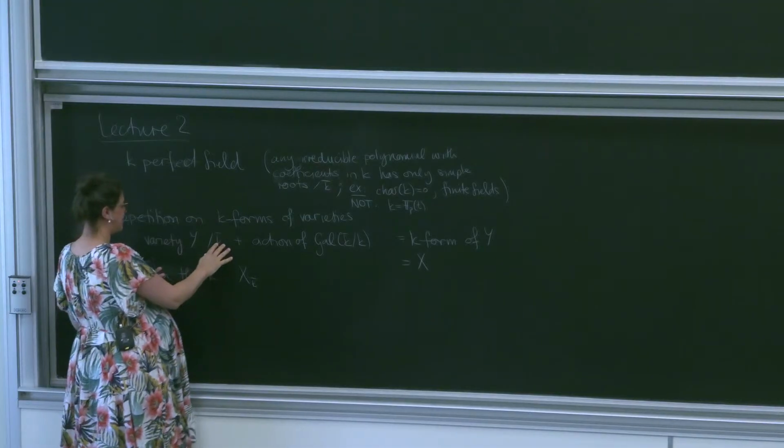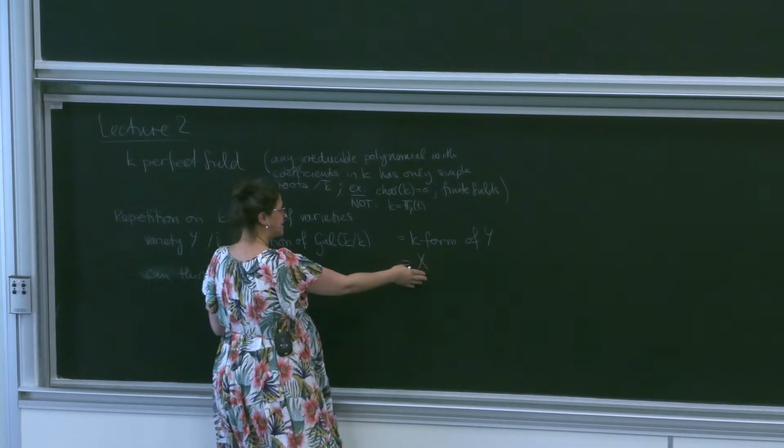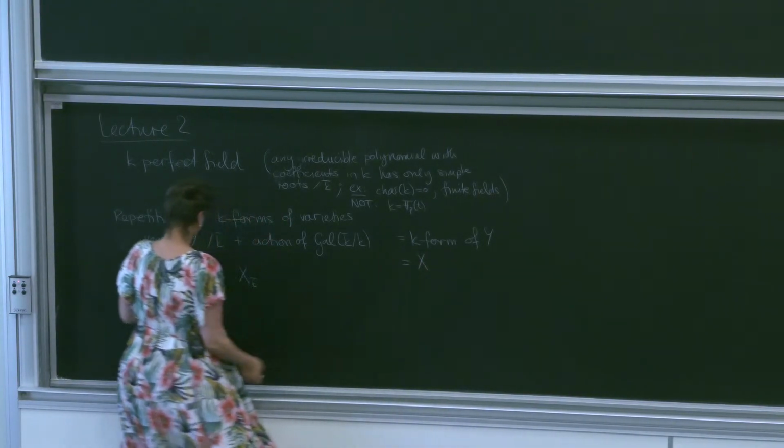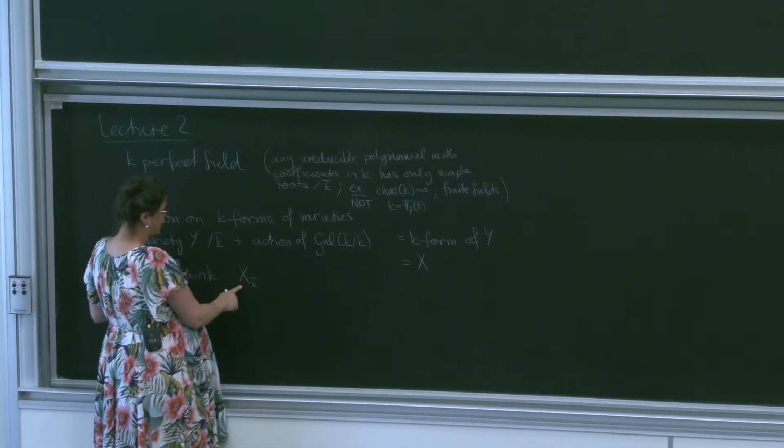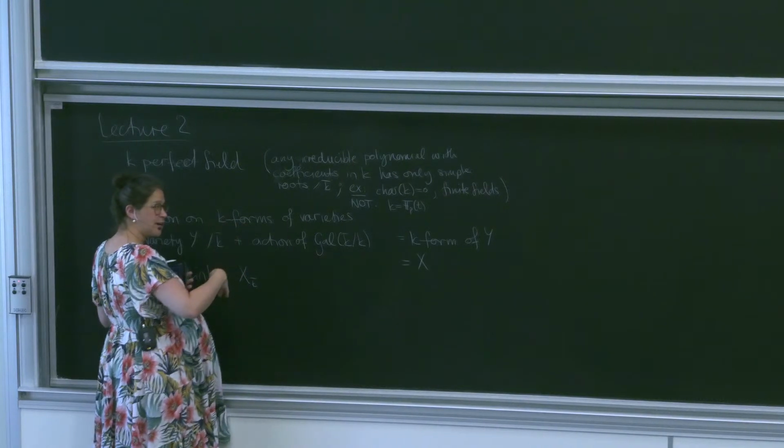There is a bijection between varieties over K and K forms. But what I think of it is that I have a variety over k, I look at it as the same variety over k bar.